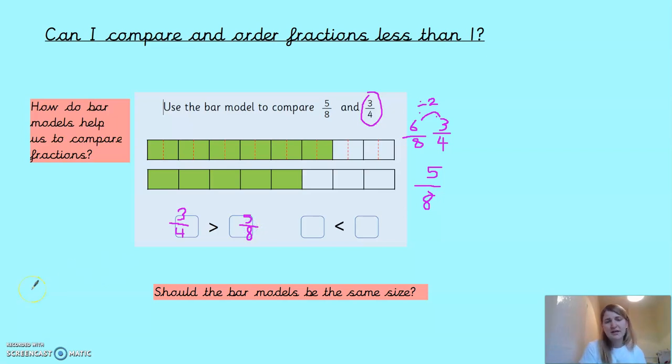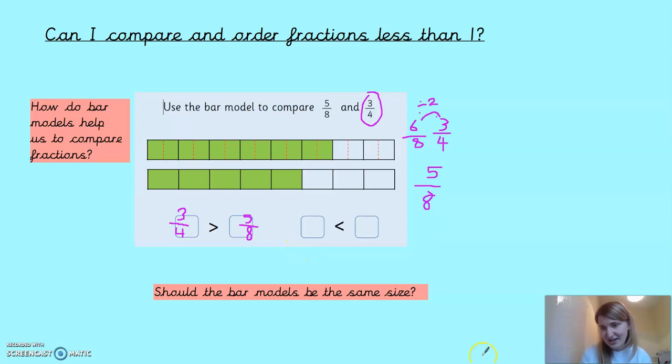Now, question. Should the bar models be the same size? I know earlier on last week, I mentioned, with the drawing, you can always use your squares in your book to help you. So if you were making quarters, 4 squares to make the whole. What's the problem with that, though? It's useful if we're just looking at one type of fraction. But if we're comparing, if you made something using 8 squares and quarters using 4 squares, your 8s is going to look bigger immediately, isn't it?